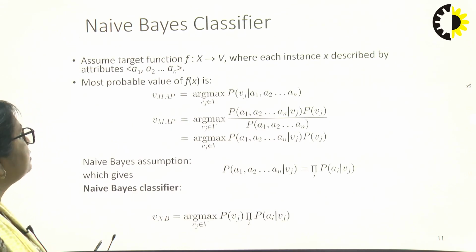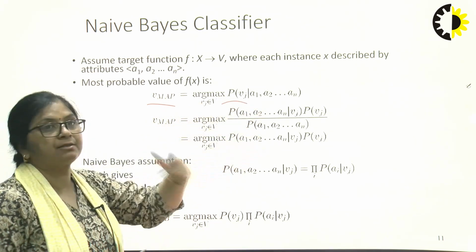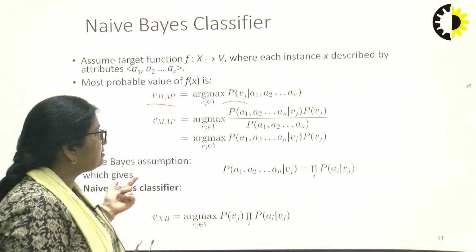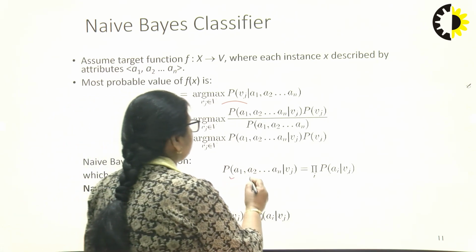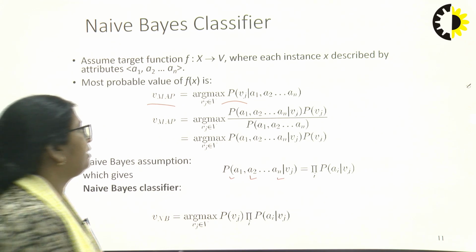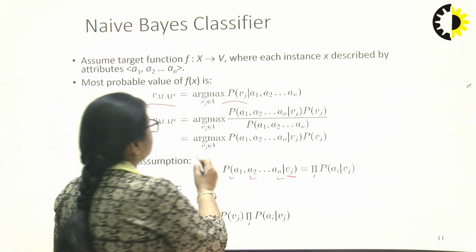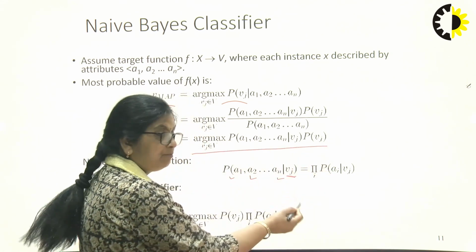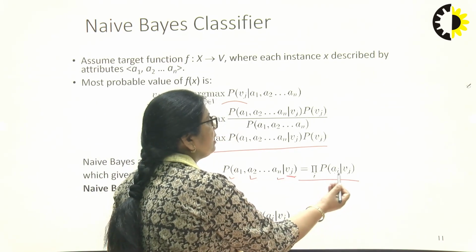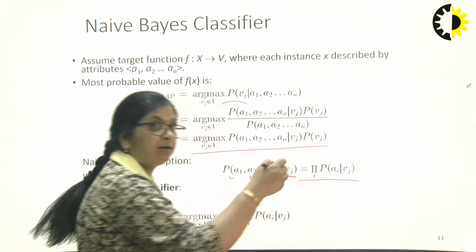What we have in this, we have already discussed what MAP is. MAP is the maximum posterior probability. Okay. Now, what does naive Bayes say? Naive Bayes says that A1, A2, ..., An are all conditionally independent given vj, the class. Then rather than doing this calculation using the chain rule, we can simply say that it is the product of the probability of A1 when vj is given, times the probability of A2 when vj is given, and so on.